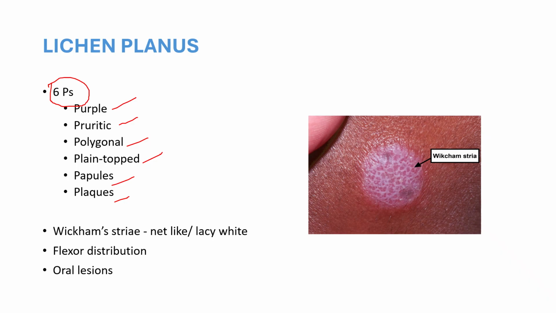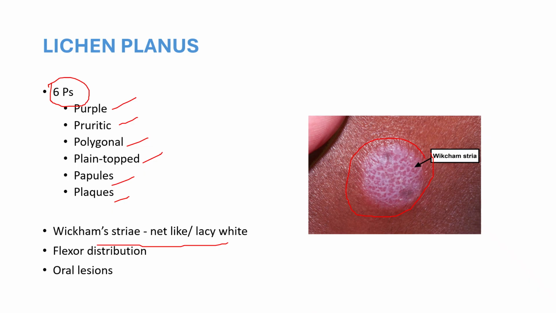Okay, so this is the characteristic description of lichen planus. It's purplish. Usually in this type of question they mention purplish, pruritic, and maybe plaque or papule. Then you have to think about lichen planus. There's something called Wickham striae, that is the net-like or lacy white appearance of the lesion.